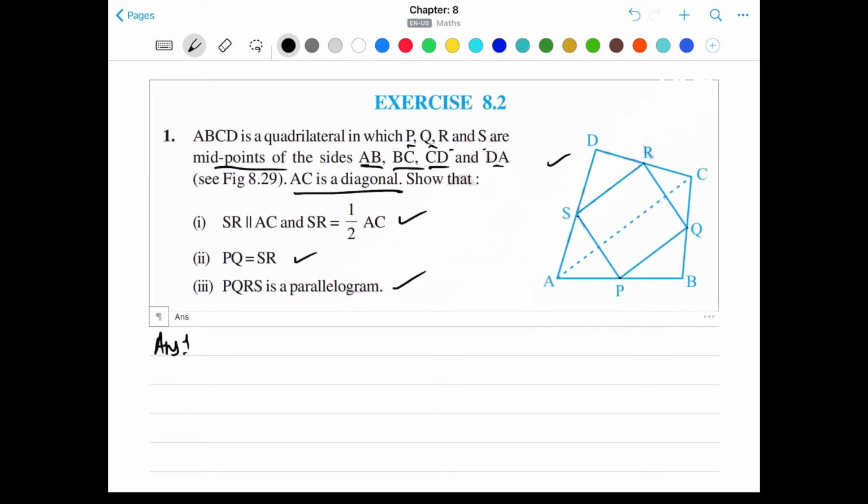So let's start the answer to question 1. We'll mention the given part first.